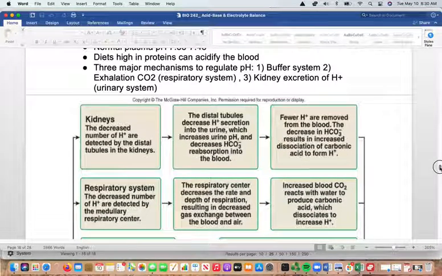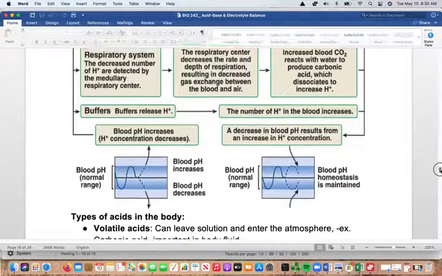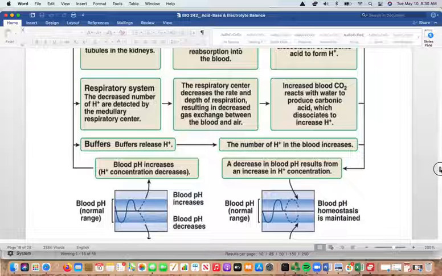We have three major mechanisms to regulate pH. We've got a buffer system, the respiratory system exhaling carbon dioxide, and then the kidney excretion of the hydrogen ion. So when we look at this, if your blood pH increases, you have a decrease in the hydrogen ion.